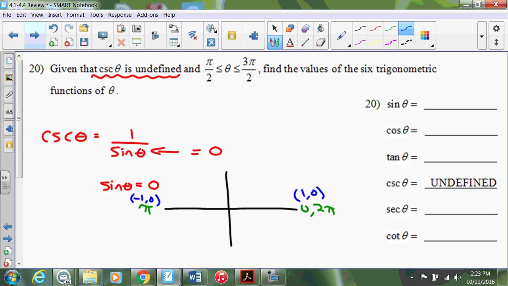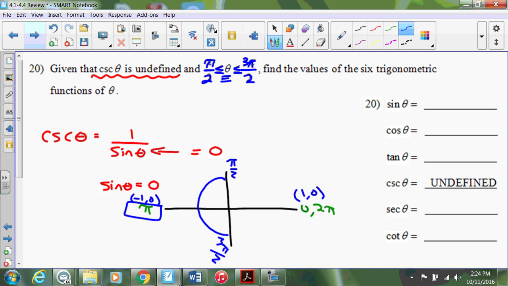But they told me that theta is greater than or equal to pi over 2, and less than or equal to 3 pi over 2. So basically it's saying it's somewhere between this angle and this angle. The only angle that's in between, that's included in that parameter, is pi. So we found theta.